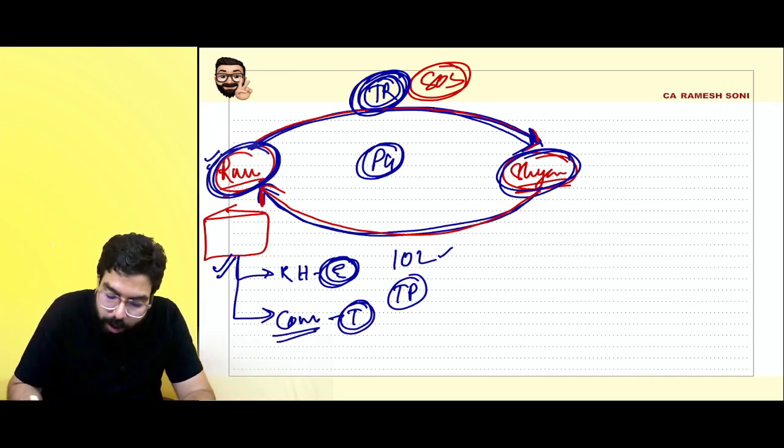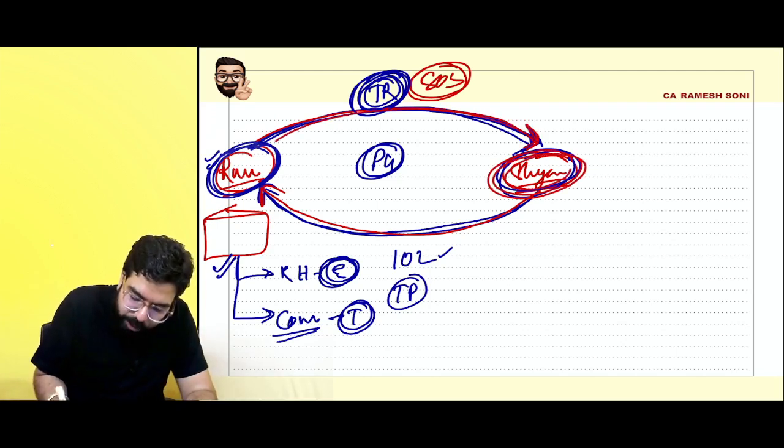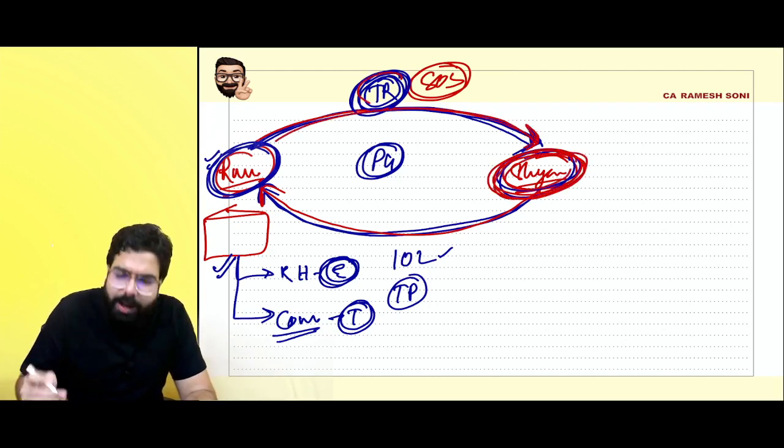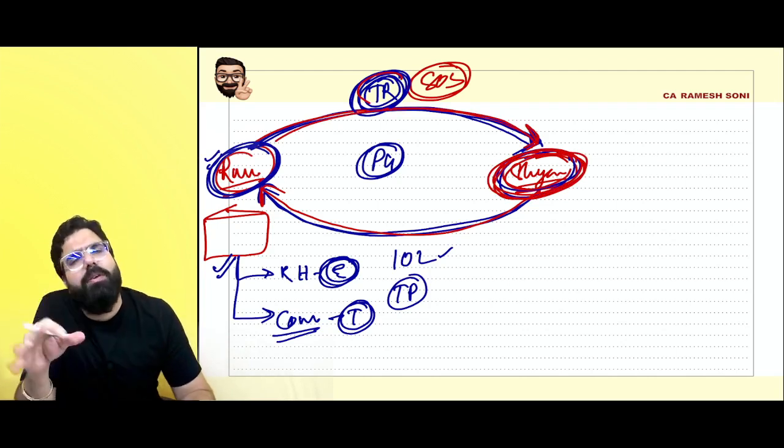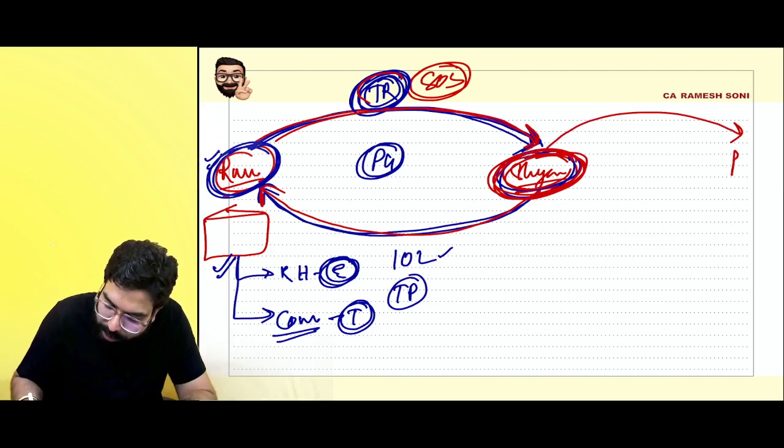Done, sir. Now, sir, for an example, Sham has taken the tenancy right from you, and Sham is going to stay for 5 years. After 5 years, supposedly Sham leaves and transfers the tenancy right to Radha, the new incoming person.